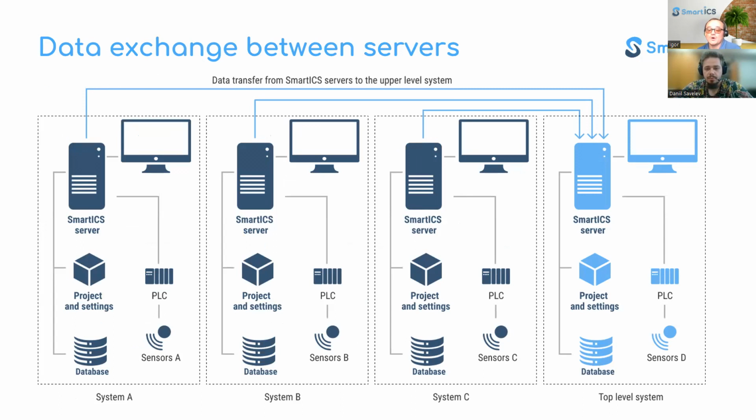In order to have a top level overview system above them, now you have the possibility to retrieve and fetch data from SmartICS servers. As a result, you would have an additional upper level overview system also based on SmartICS.